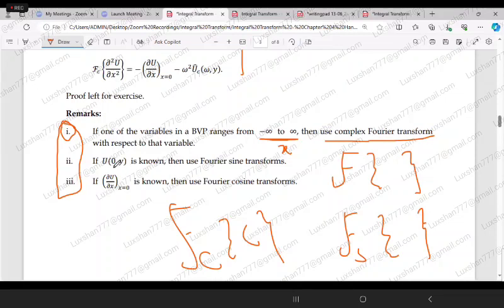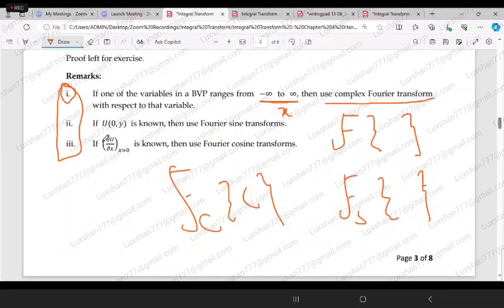If u(0, y) is known, then you use the Fourier sine transform. If ∂u/∂x at x equals 0 is known, then use the Fourier cosine transform. Now if we do some examples, you can understand that.